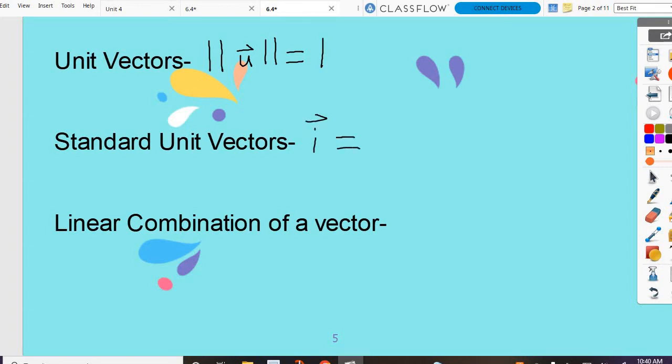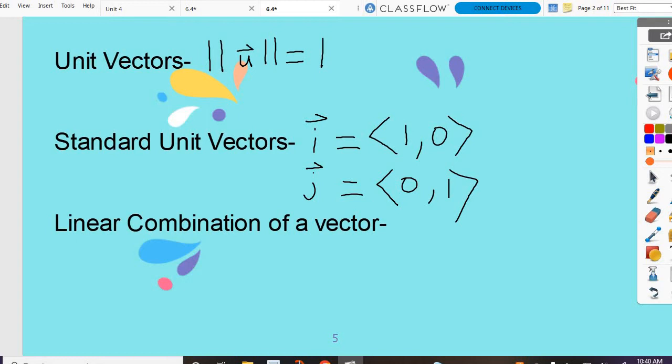So unit vector i is the vector 1, 0, and unit vector j is 0, 1. Now notice that if I found the magnitude of each of those, it would be the square root of 1 squared plus 0 squared.